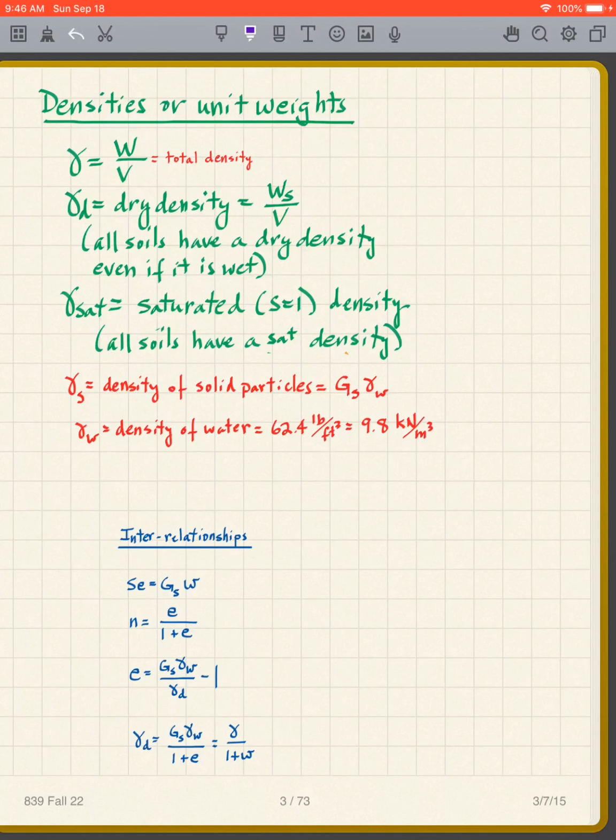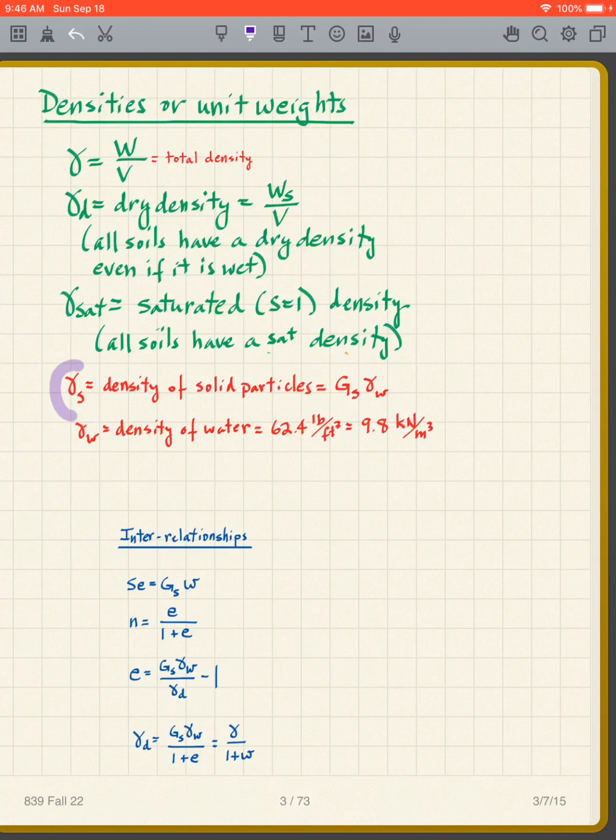So even if a soil is not saturated, meaning that there is no air, we have a saturated density. We envision the soil to be saturated. We come up with a density for it.